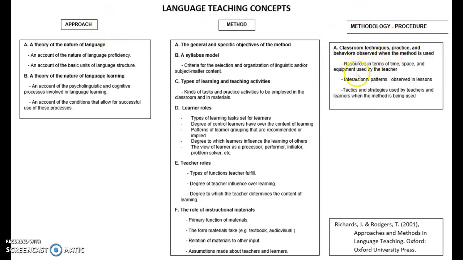Basically, the resources, the interactional patterns, and the tactics that are happening in class, the development of the class, is connected to what the teachers believe language is, if it is structural, functional, or interactional, and this methodology is observable in a class when teachers propose specific conditions for language learning and understand how students process and the cognitive elements that the students have in order to process the language.